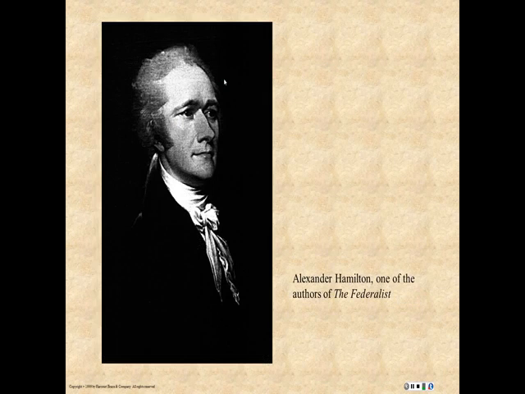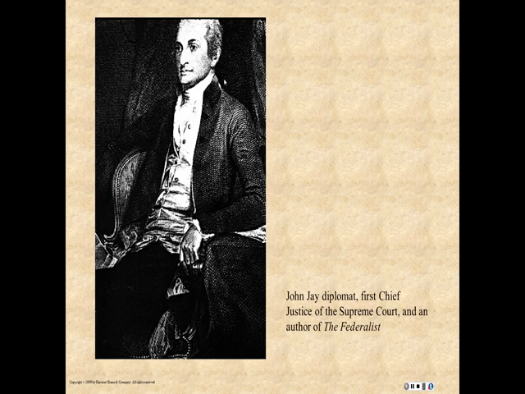This is Alexander Hamilton, who will become the first Secretary of the Treasury. He was an adamant, fierce proponent of stronger national power. I mean, read Hamilton and Washington on the Whiskey Rebellion in the back of this chapter in your book. You'll see that Hamilton had a very broad view of federal power and federal authority.